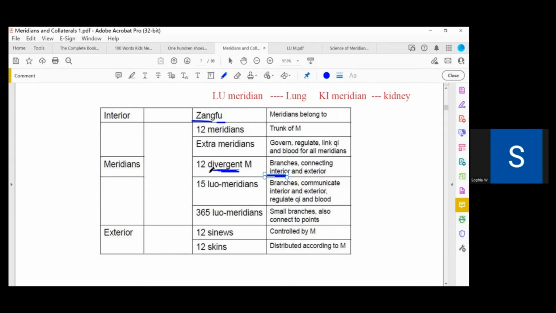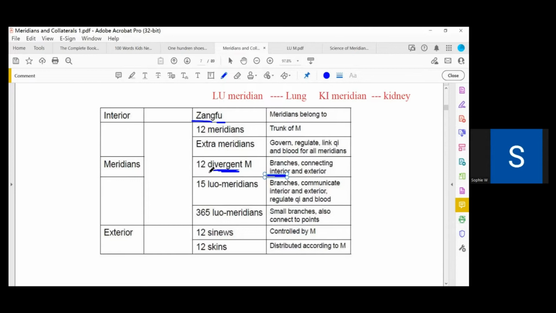In meridian and collateral systems, if the lines connect the organs, that means these lines will be deeper.